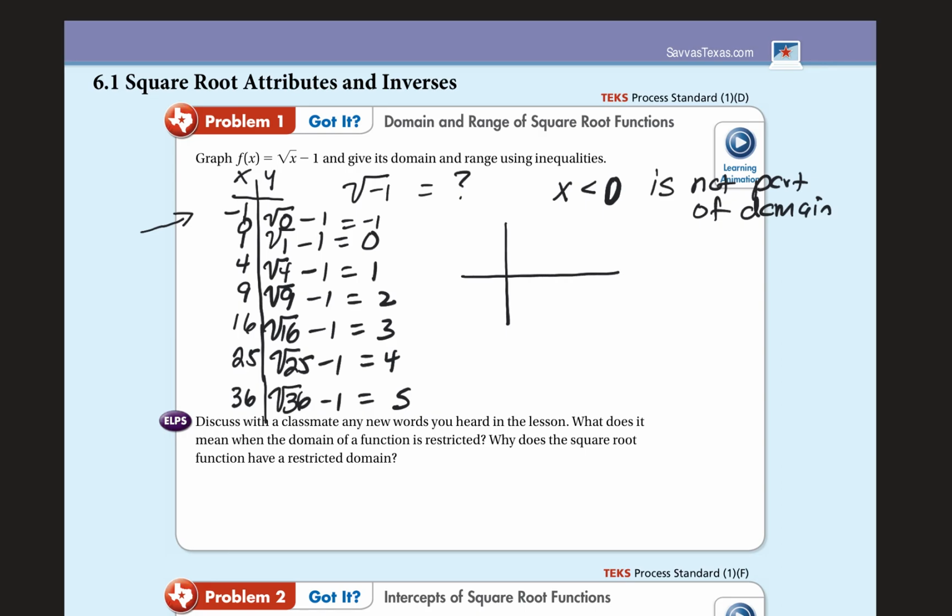So I have 0, -1. I have 1, 0, and then 1, 2, 3, 4. So my graph looks like this.